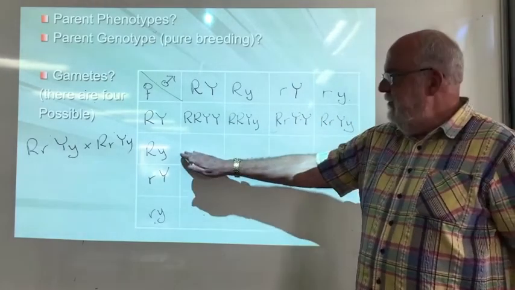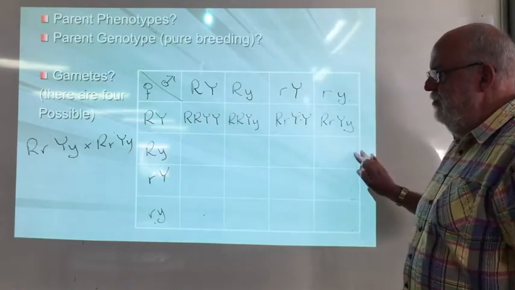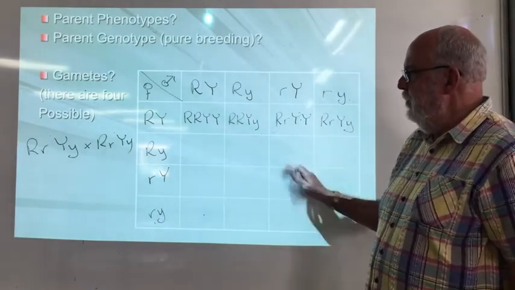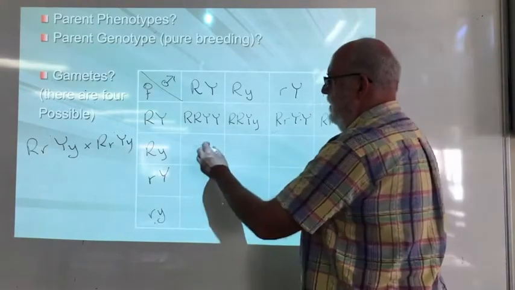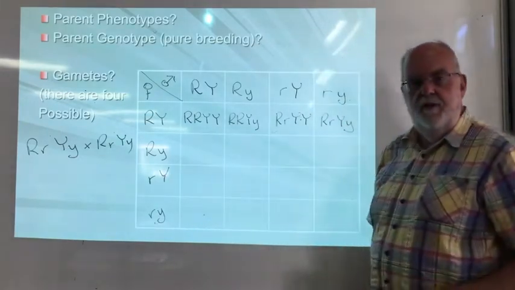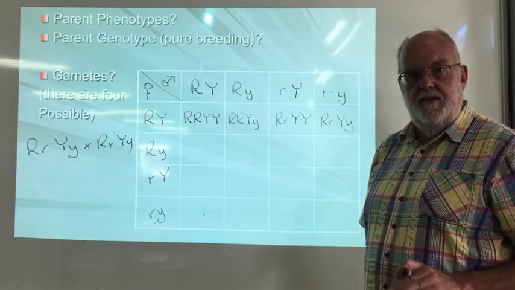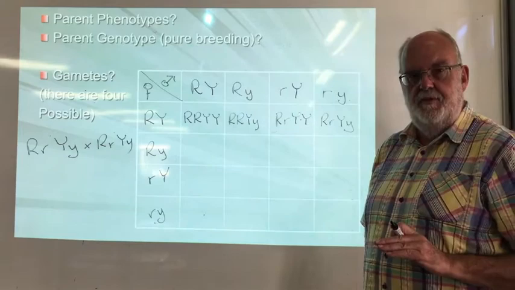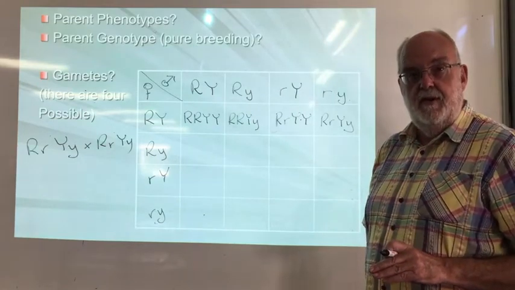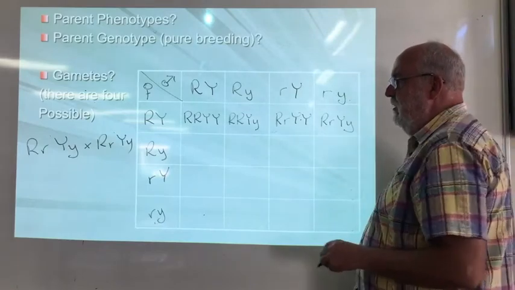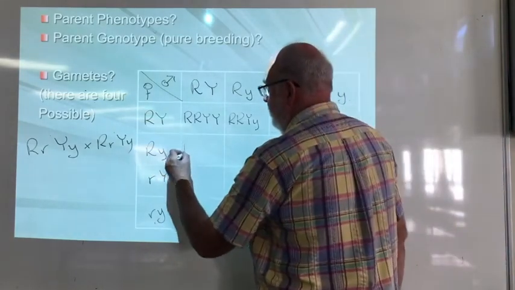I'll leave you to fill the rest of this in yourself. You can draw yourself a Punnett square and fill it in. So I suggest you just pause the video for a minute and do it. See if you can work it all out. When you've done it, switch it back on again, and I will carry on putting the rest in. So now hopefully you've done this for yourself.